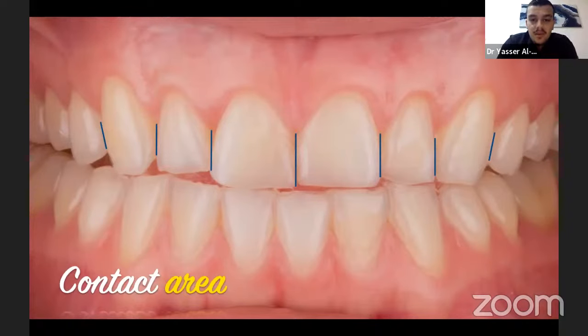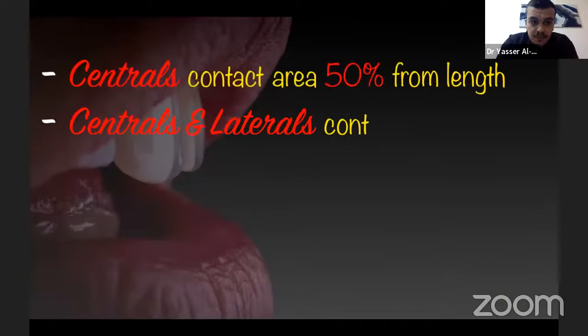And if we make it with a space, not an ideal contact area or contact point, the food impaction will be easy. So we will enter into new problems with gingivitis or periodontitis or anything.